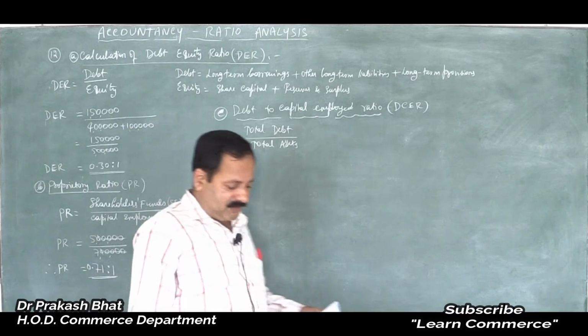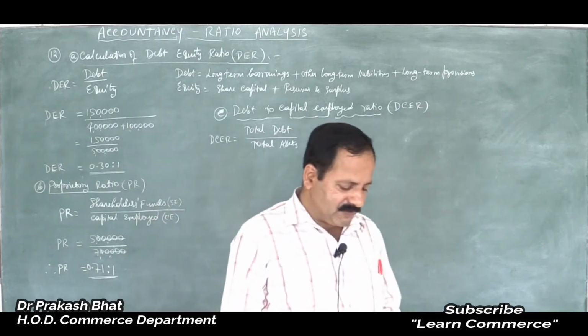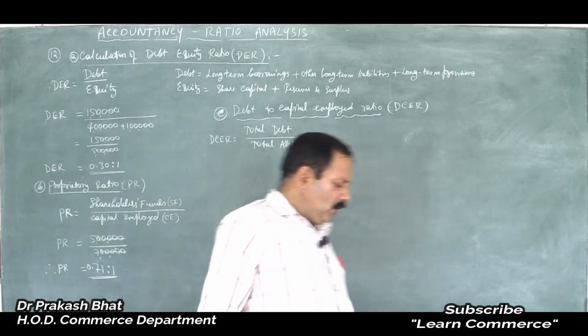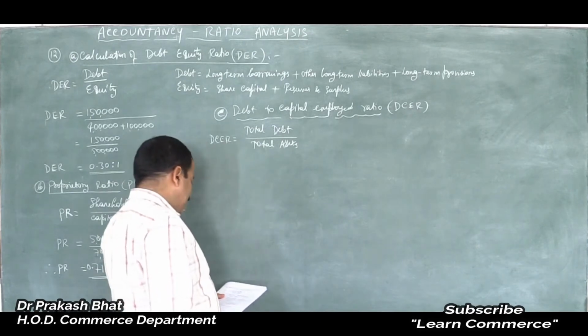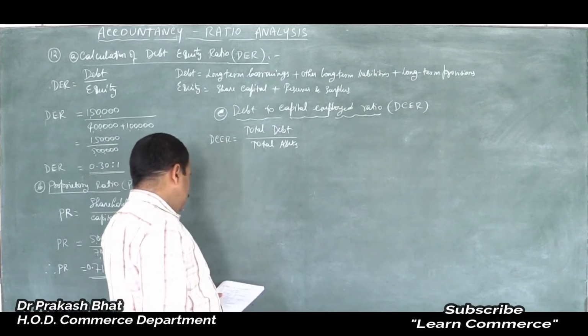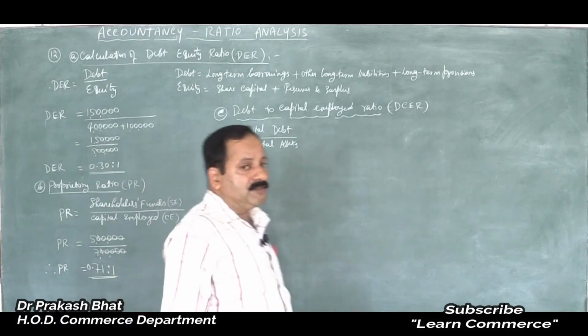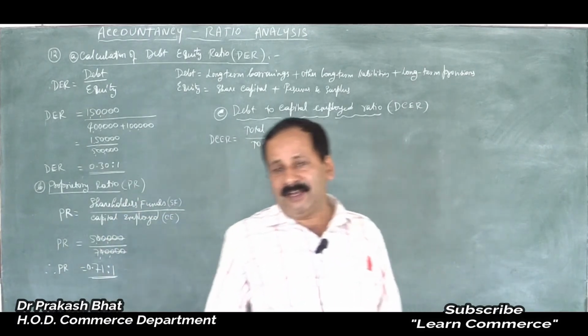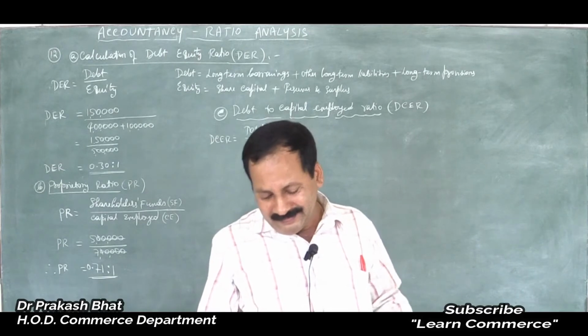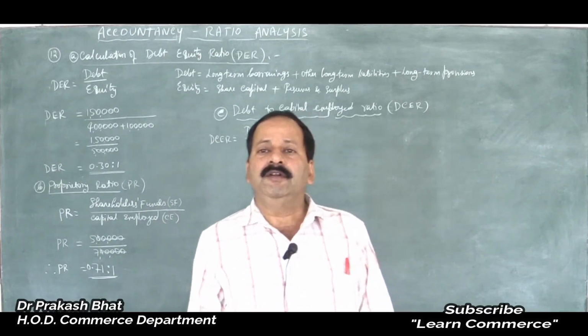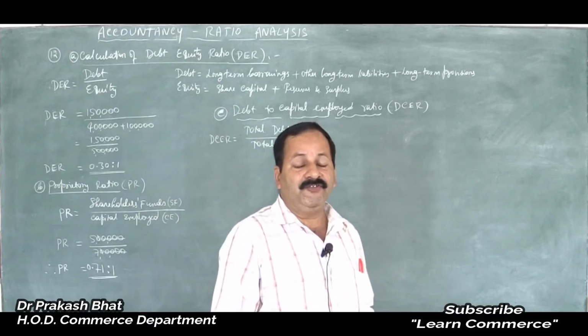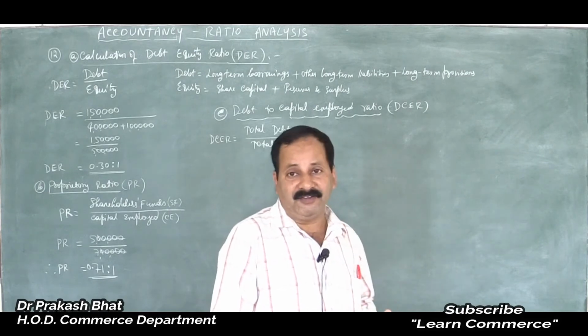Total debt in the sense that is long term borrowings plus current liabilities, because short term liabilities and long term liabilities both are called debt. One is short term debt and one is long term debt, isn't it?